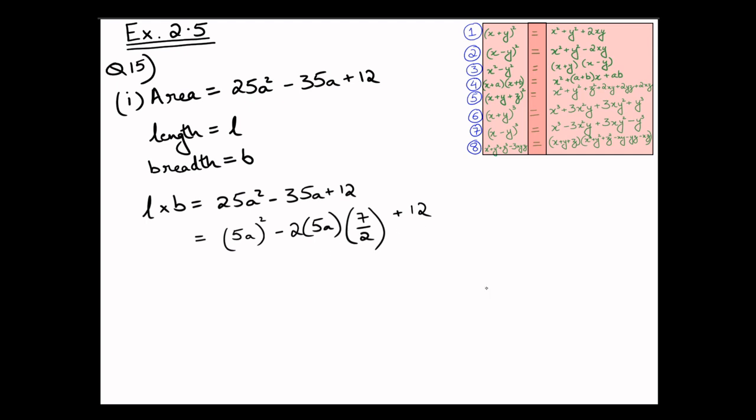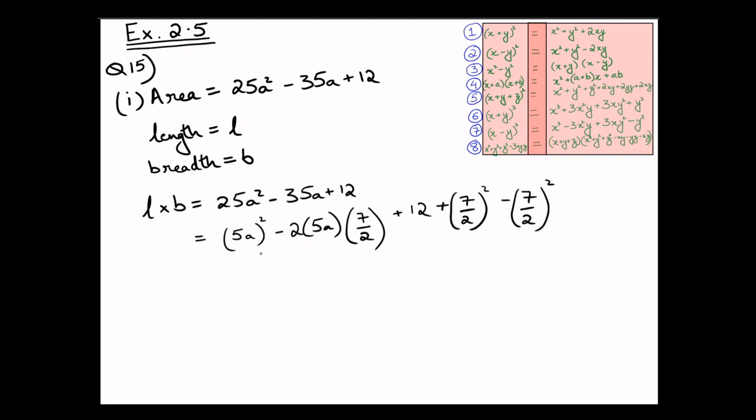So if I do need to factorize this, I need to have 7 by 2 whole square. So what I'm going to do is, I'm going to add 7 by 2 whole square over here and also subtract 7 by 2 whole square over here.